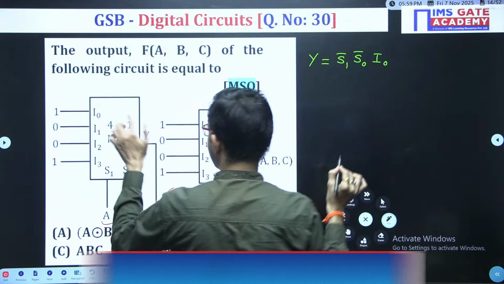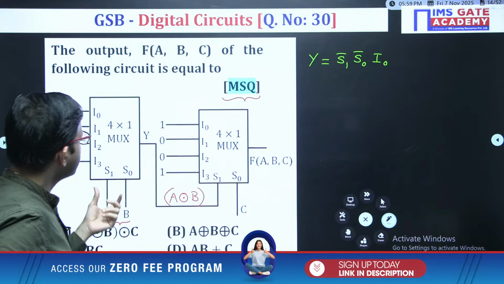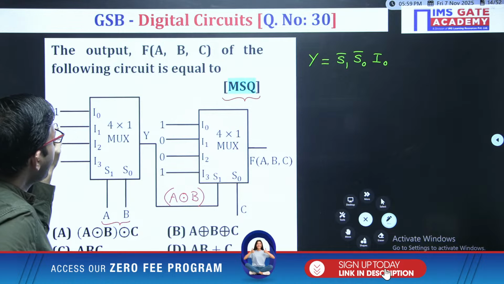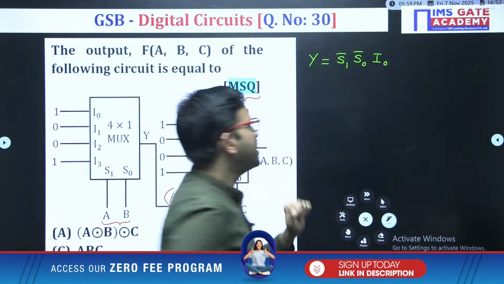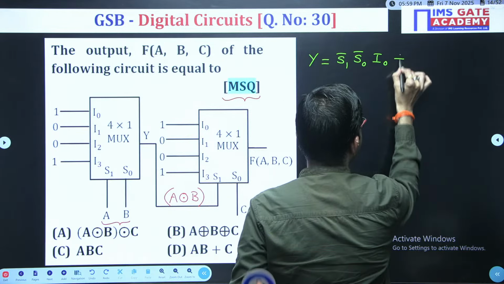In the 01 case I1 will be connected, but here the I1 value is 0, so I am not writing it; just for reference, I am writing the standard equation.